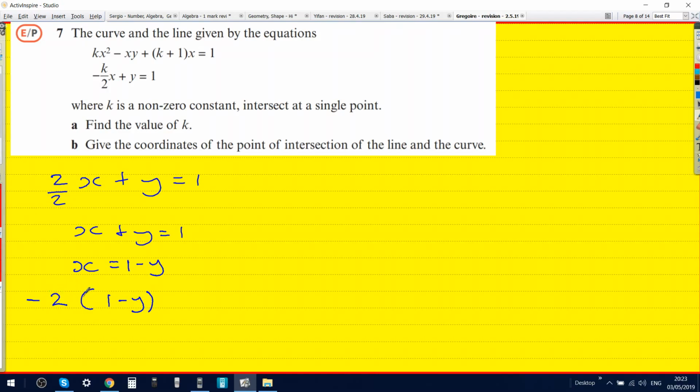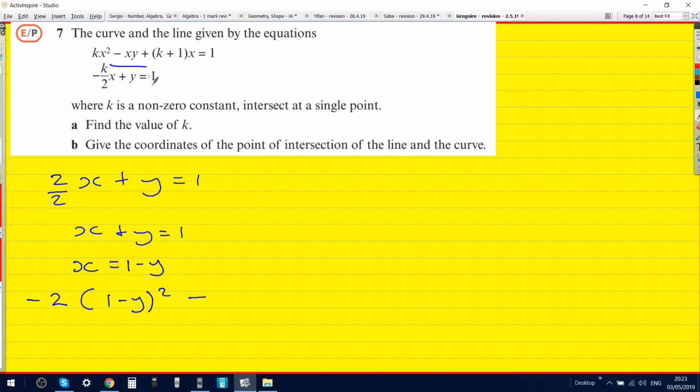Minus 2, 1 minus y squared. Yes, squared. So you have plus 1 minus y times minus 2, so plus 2 times 1 minus y. Why is that? Because minus times a minus is a plus.